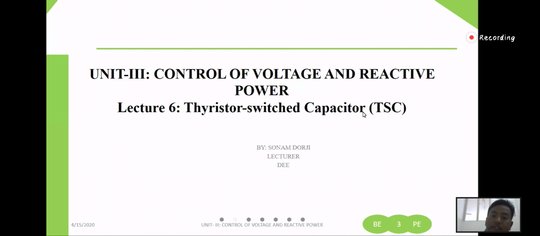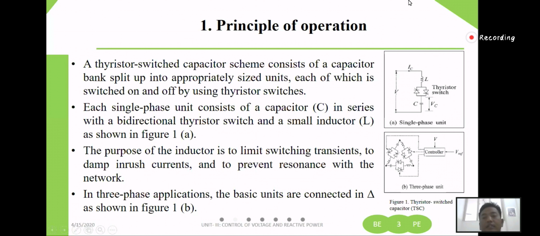Okay, before we start how it controls, let's start with the basic principle of operation of the thyristor switched capacitor.